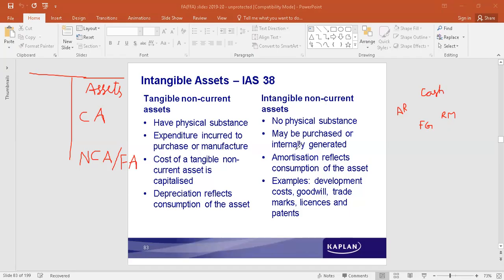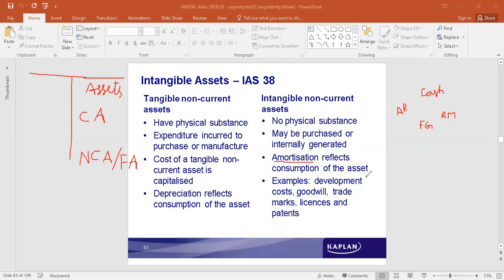In case of intangible assets, the treatment is the same. Whatever method is adopted, the cost of the intangible asset is spread over the life of the asset, but we refer to that with a term called amortization. Amortization reflects consumption of the asset.